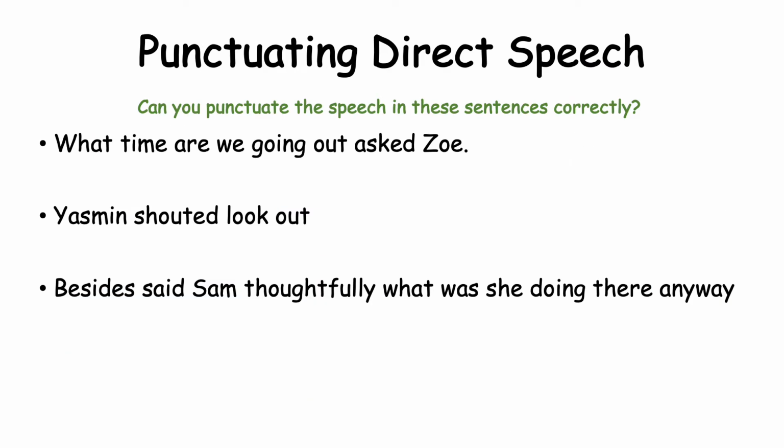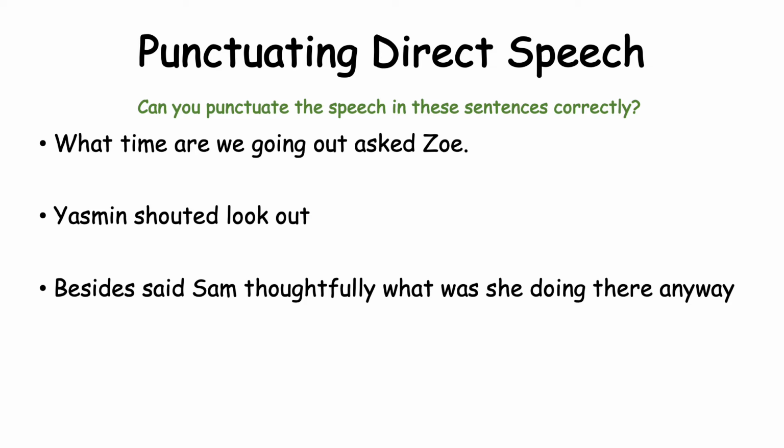Okay, so let's have a look at the first one. Can you punctuate the speech in these sentences correctly? So let's have a look at the next one. Who's talking? Yeah, Zoe. And what is Zoe saying? "What time are we going out?" So what do we need to have in front of what?